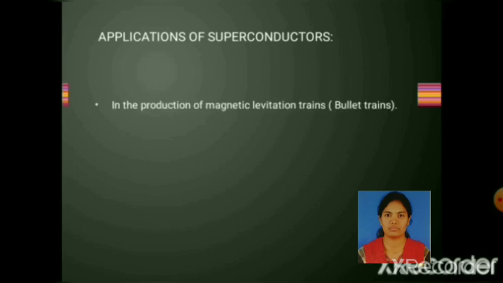What are applications of superconductors? Now we can use superconductors in the production of magnetic levitation trains. We can call these trains bullet trains. As we all know, bullet trains are the fastest trains.